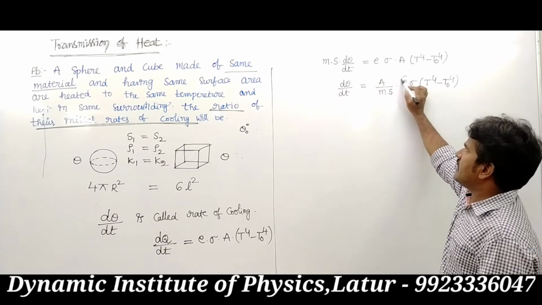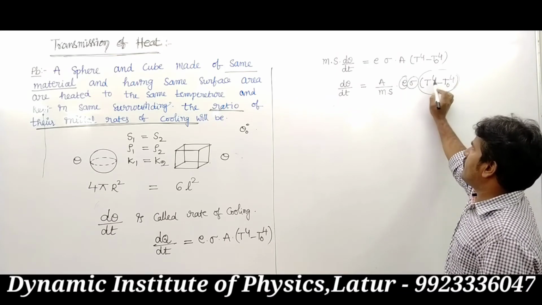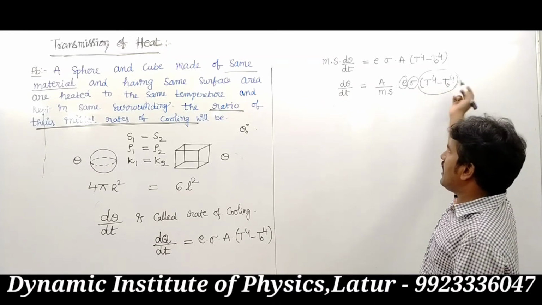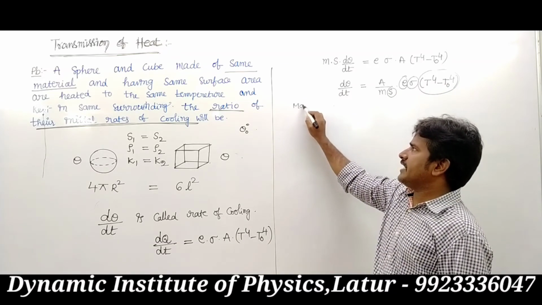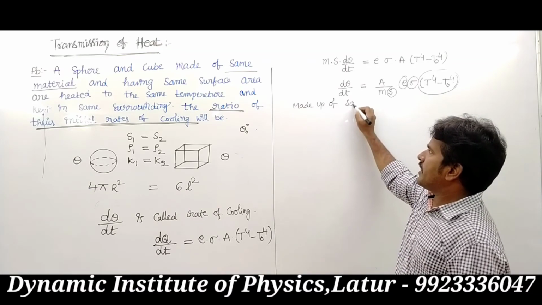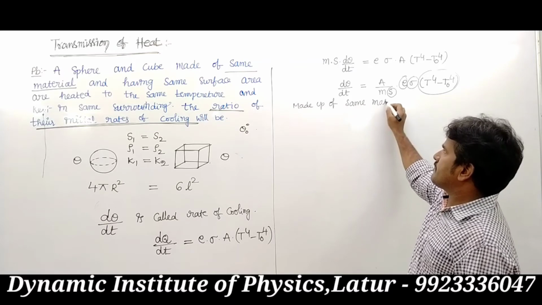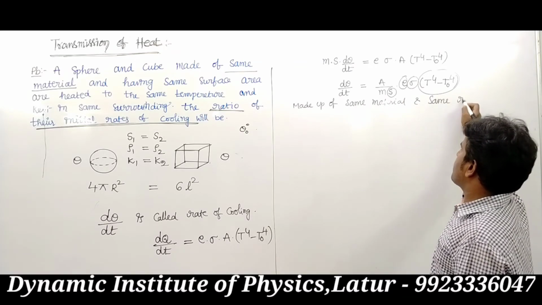E is the same since it is the same material, sigma is the same, and T power 4 minus T naught power 4 are the same, with the same specific heat and the same rise in temperature.